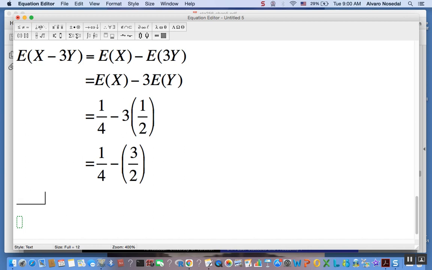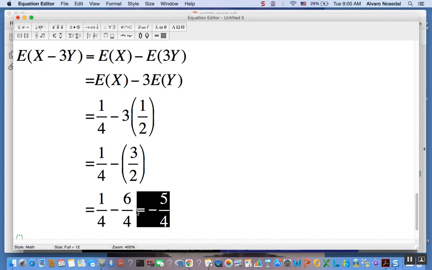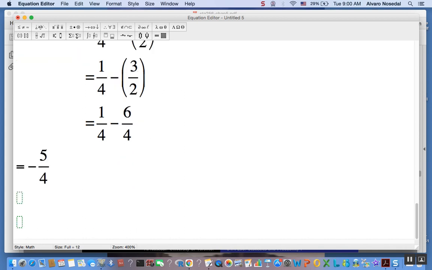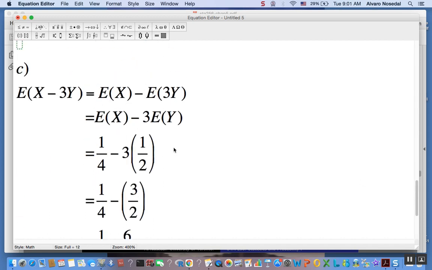So we have 1/4 minus 6/4, so just minus 5/4. And that's the expected value that we wanted.